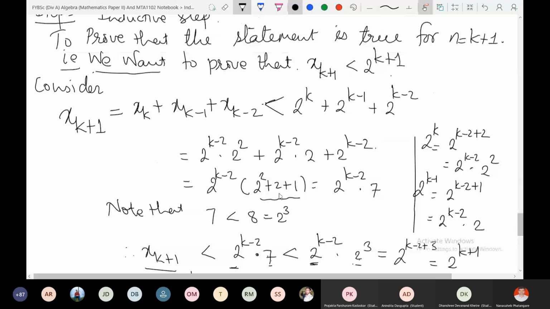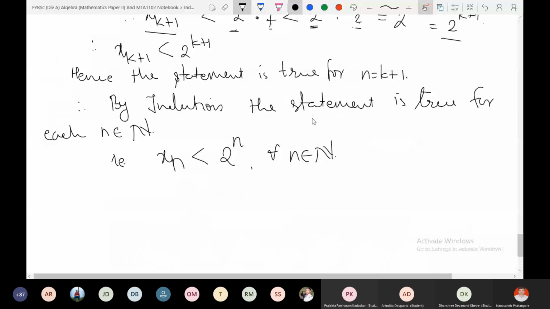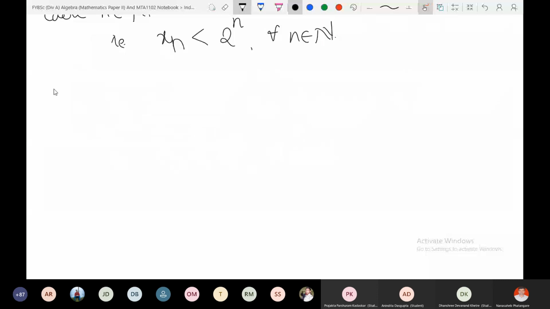And how is strong induction helpful? Because since we are assuming the result is true up to k, we can immediately apply it to xk minus 1, xk minus 2, and then the rest of the calculations become easy. I will give you one more problem that you can work out using strong induction.